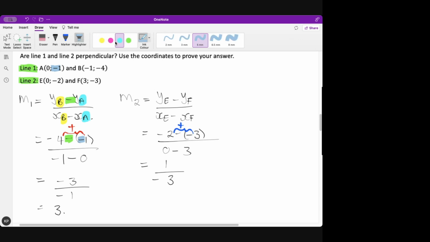Now, the question was not find the gradients. The question was, are the lines perpendicular? So what do I need to do with these two gradients that I have now found? I have to do what with them? Multiply them. Great. So M1, gradient 1 times gradient 2. And before I even work it out, are these two lines perpendicular? I know you guys can see it already.